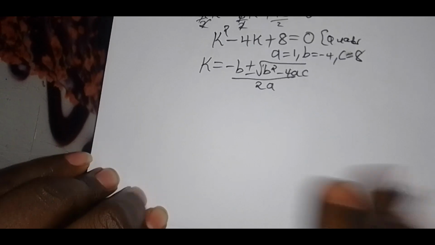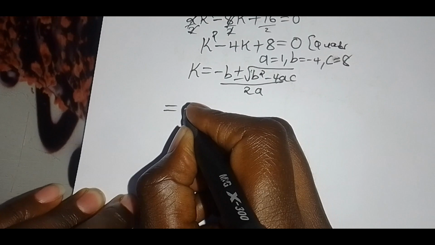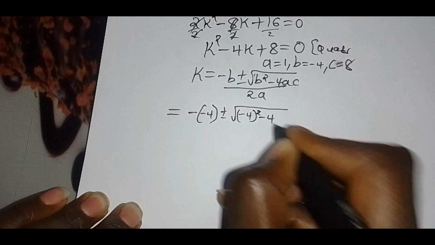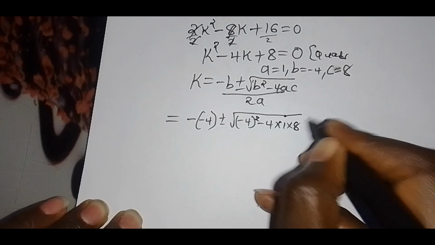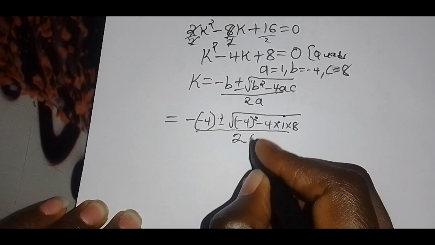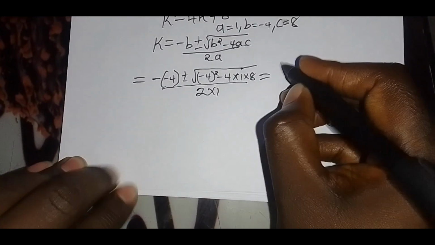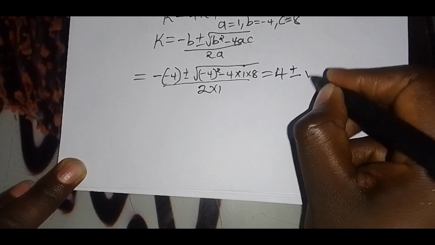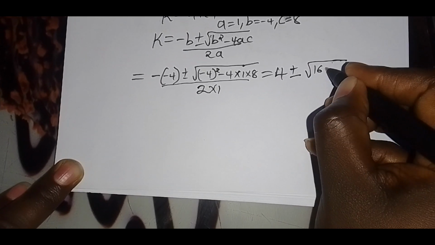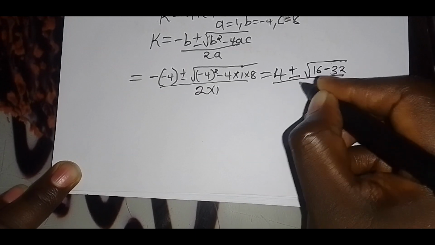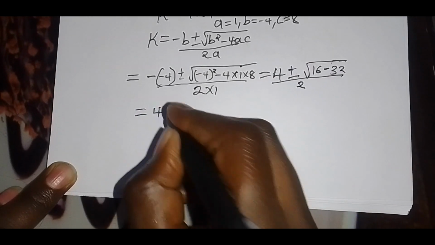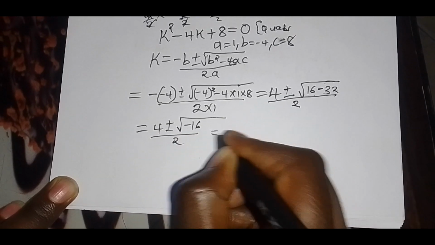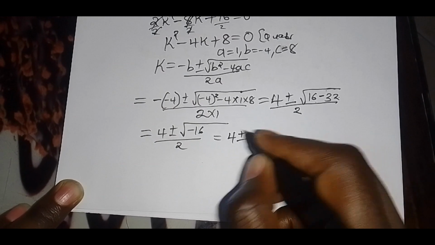So we just substitute into our equation so that we are going to have -(-4) plus or minus the square root of (-4) squared minus 4 times 1 times 8, divide everything by 2 times 1. So we have 4, negative times negative, plus or minus the square root of 16 minus 32, divide by 2. This is 4 plus or minus the square root of -16, divide by 2.